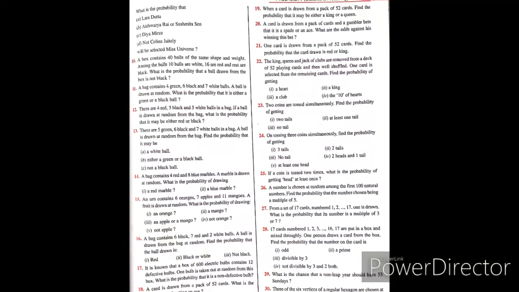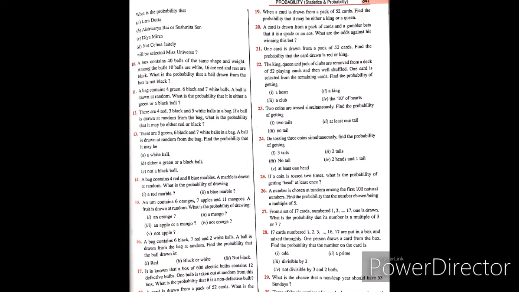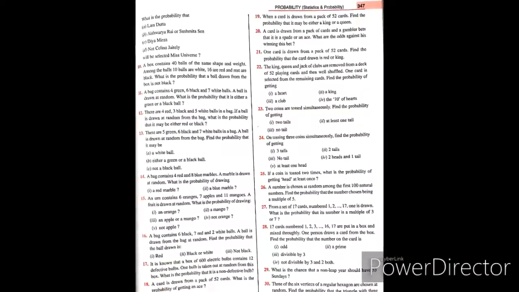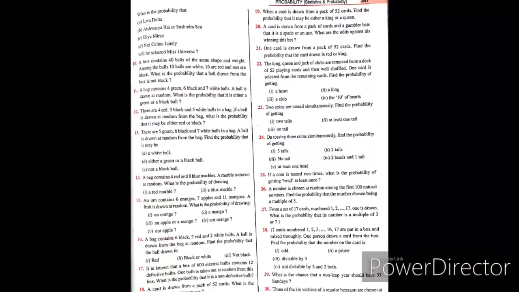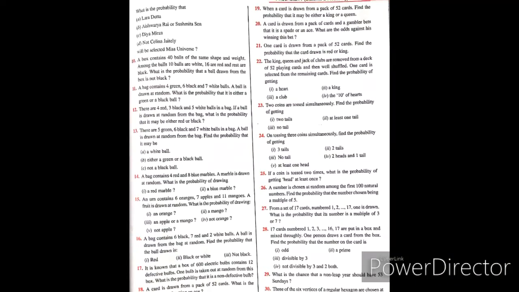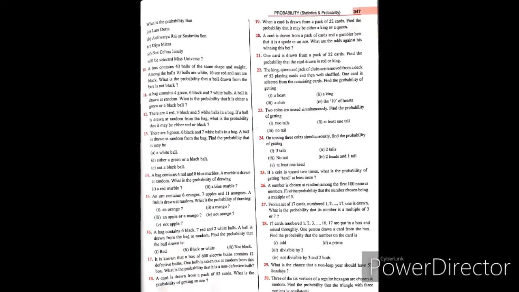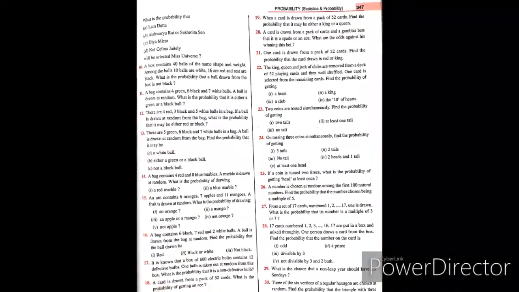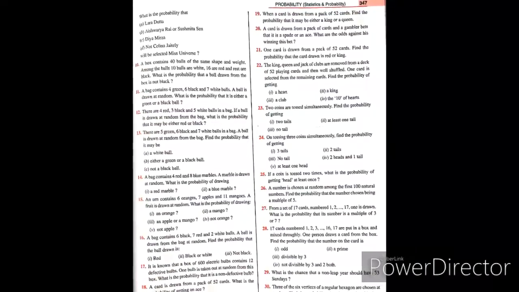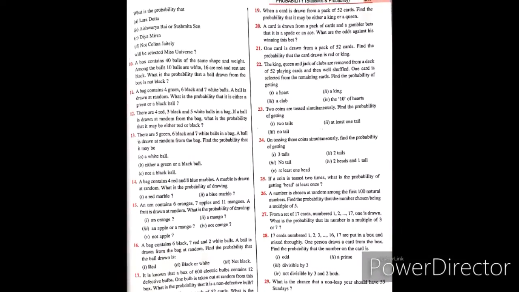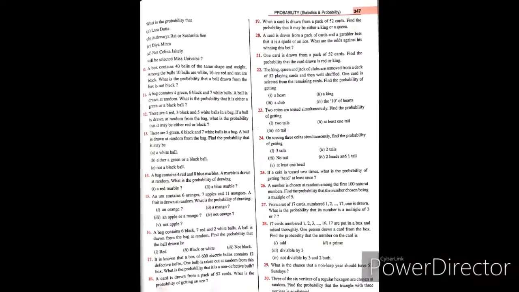Probability of king or queen is equal to probability of king plus probability of queen minus probability of king and queen. There is no card that is both king and queen, so it will be 0. So we can take the formula as probability of king or queen equal to probability of king plus probability of queen, for question number 19 I'm speaking of. Please try to do this problem, children.